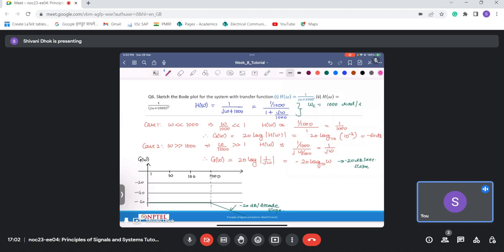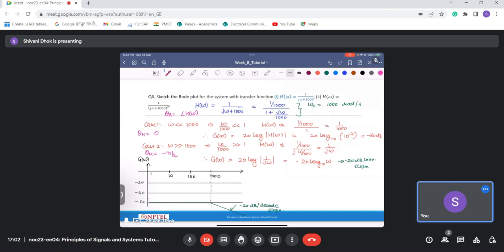Now let us look at what happens to angle. This theta H is basically the angle of H of omega. When omega is much less than 1000, H of omega is approximately equal to 1 by 1000, so theta H, which is the angle of H of omega, is simply equal to 0. Similarly, when omega is very much greater than 1000, H of omega is approximately equal to 1 by j omega, so theta H is equal to minus pi by 2.